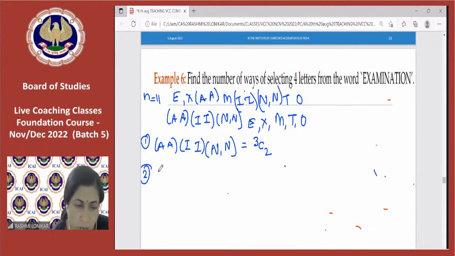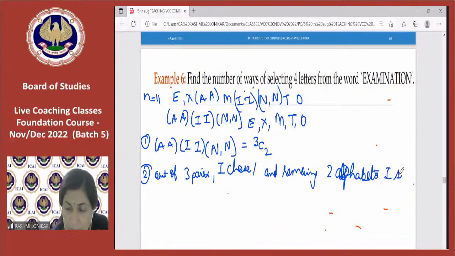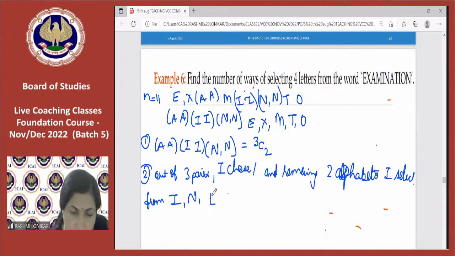Okay, so out of 3 pairs, I choose one, and remaining two alphabets I select from I, N, and then E, X, M, T, O. 1, 2, 3, 4, 5, 6, 7.